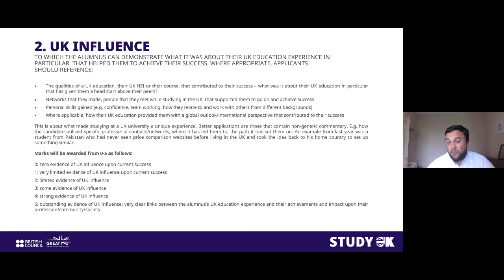Zoom right in and focus on what it was in particular about your UK education that has given you a head start, you feel, above your peers in your society, community, or profession.